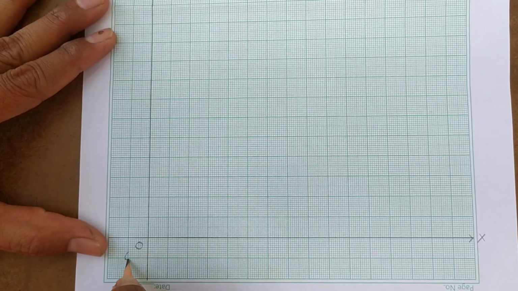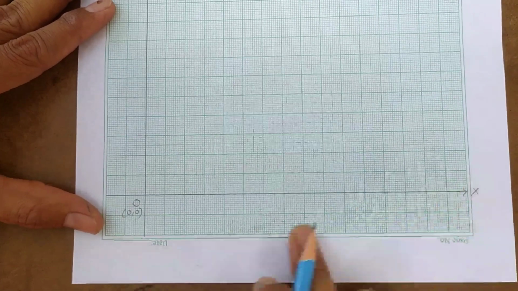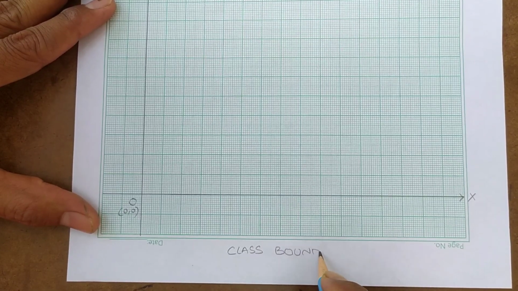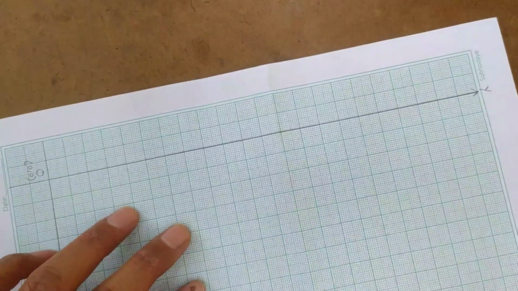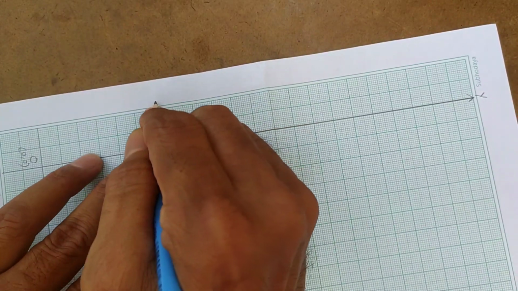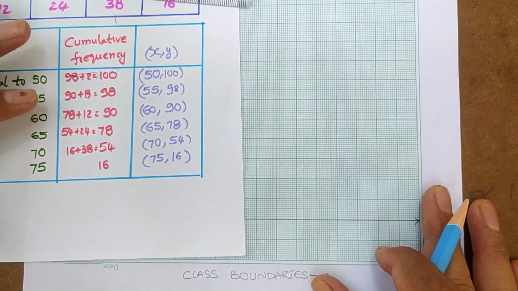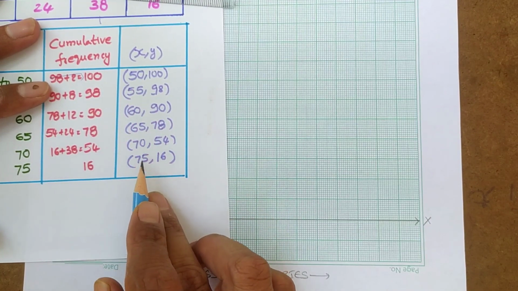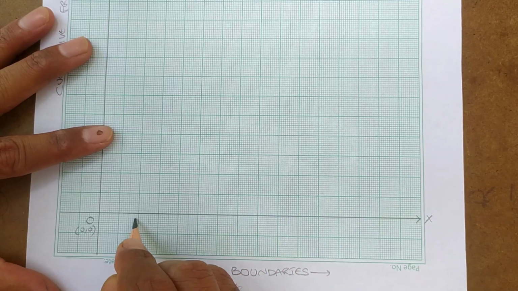This is O, origin 0, 0. Now here on x-axis we have to take class boundaries, and on y-axis we should take cumulative frequency. Now here let us observe the given question. These are the values on x-axis: 50, 55, 60, 65, 70, 75.